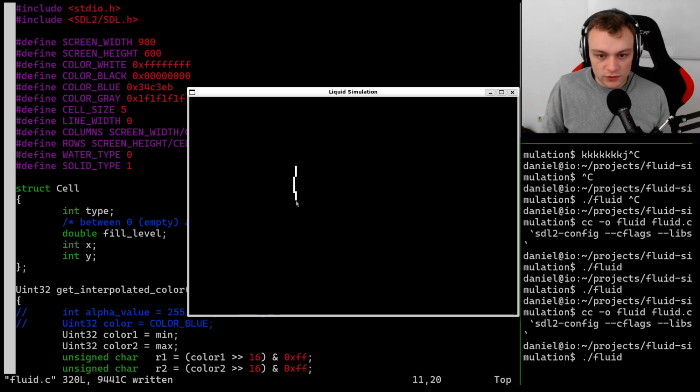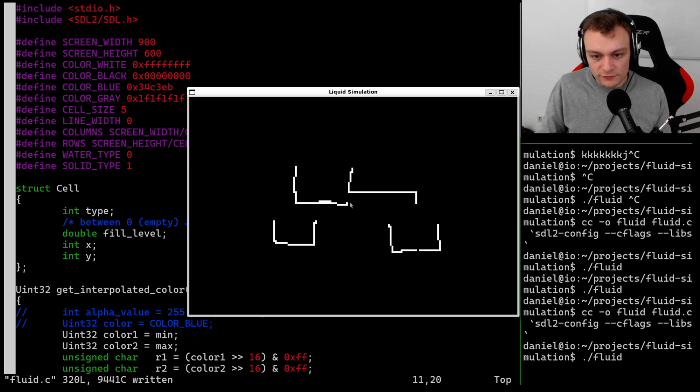So we can draw containers. Like that. We can still delete lines. We can make fluids probably go here. Let's see.